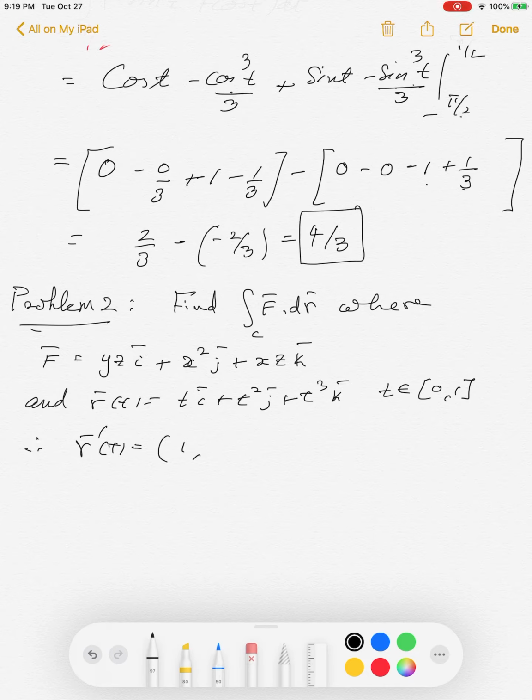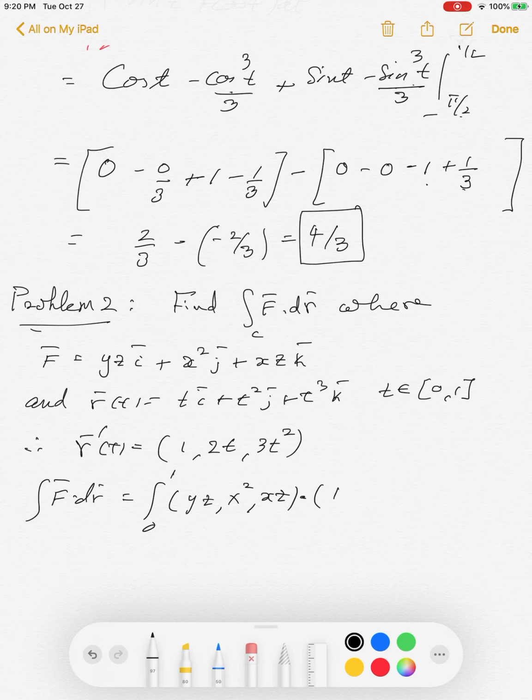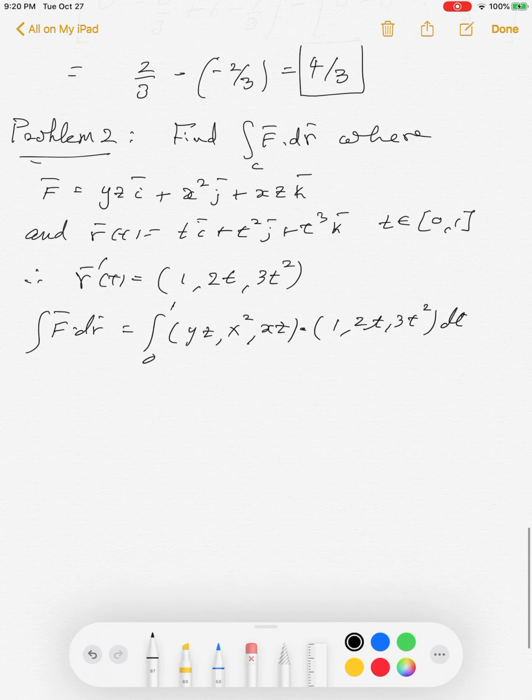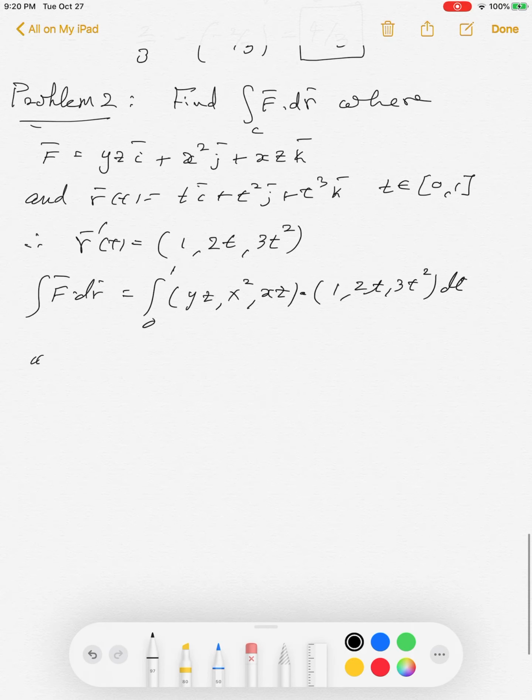Therefore, we will need r bar dash. So let's calculate that, and let's write this in terms of a triple: 1, 2t and 3t square. And so the line integral of f bar dot dr bar is going to be integral 0 to 1 of f, which is yz comma x square comma xz, dotted with r bar prime dt.